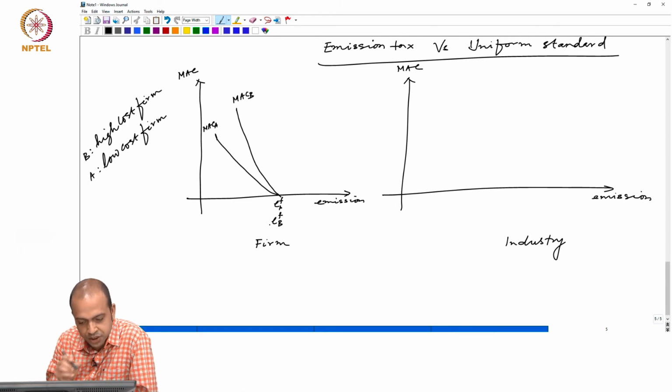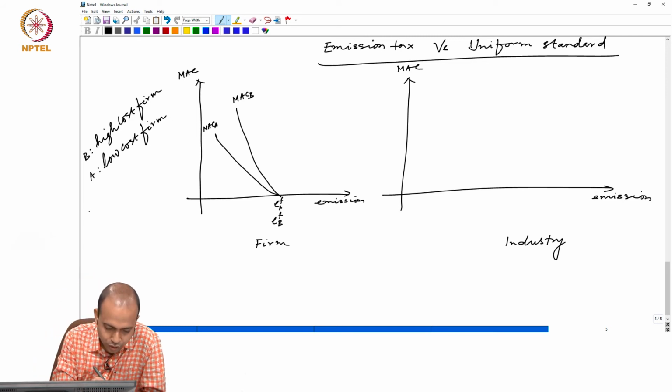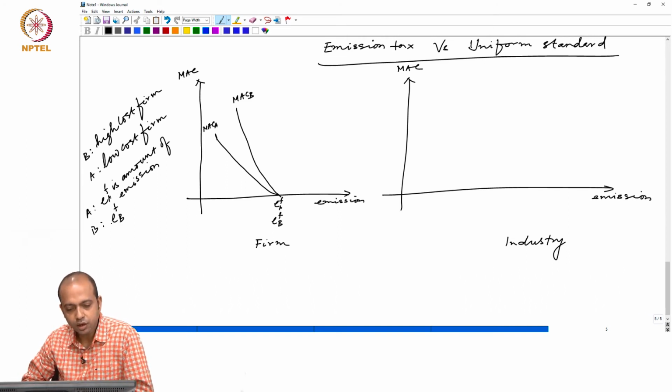So, this is the amount of emission, for firm A, EFA is the amount of emission, and for B this is EFB, right.